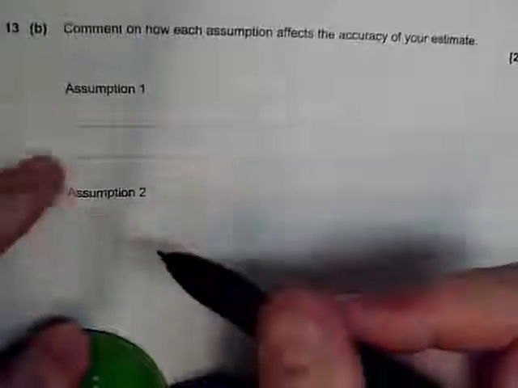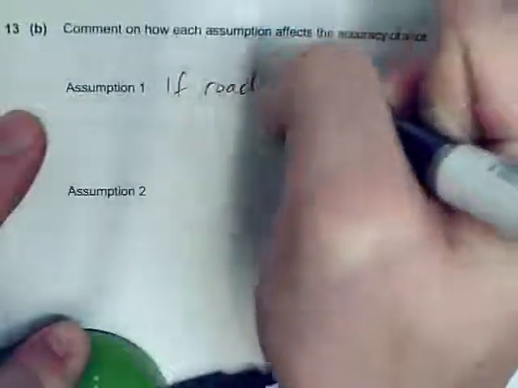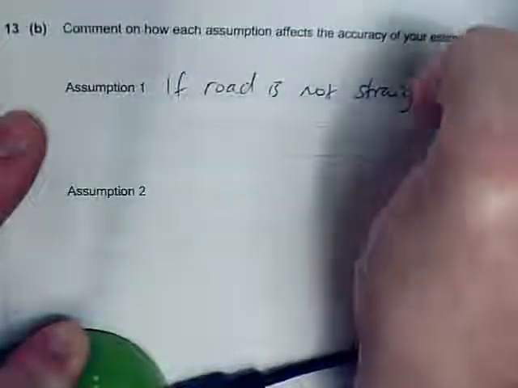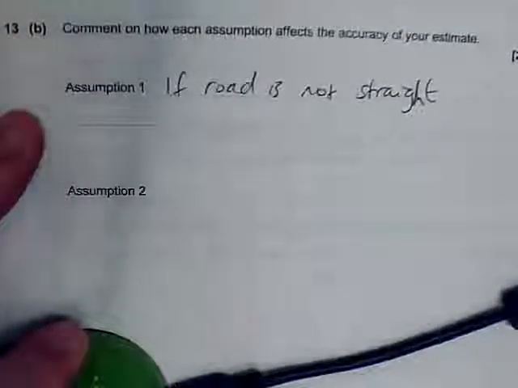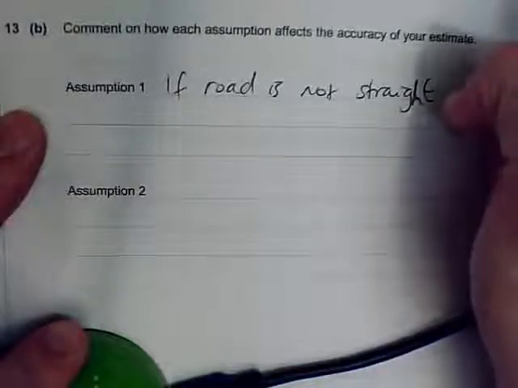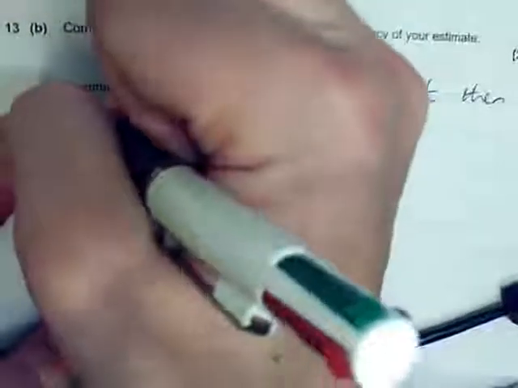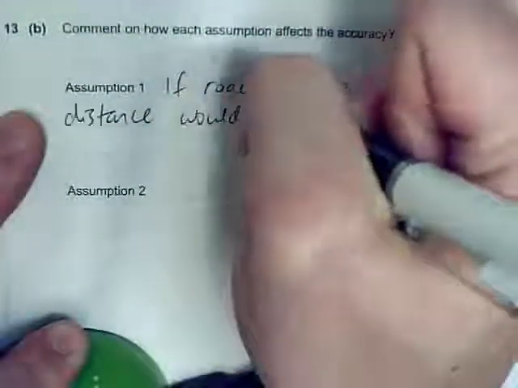So if this road was not straight, which is very likely to be the case, it's very unlikely to be one straight road between Paris and Marseille, then the actual distance would be longer.